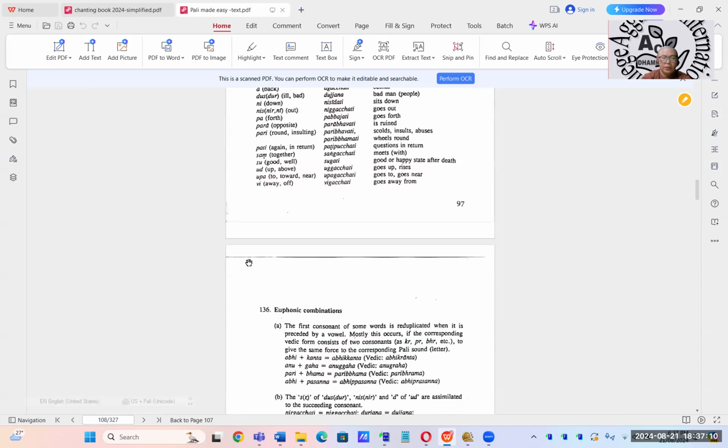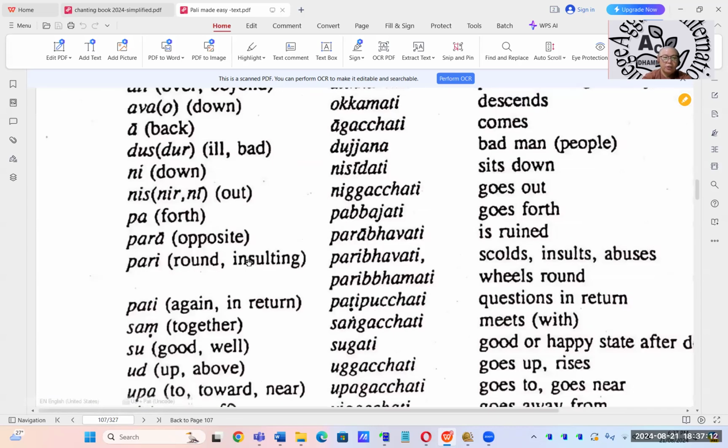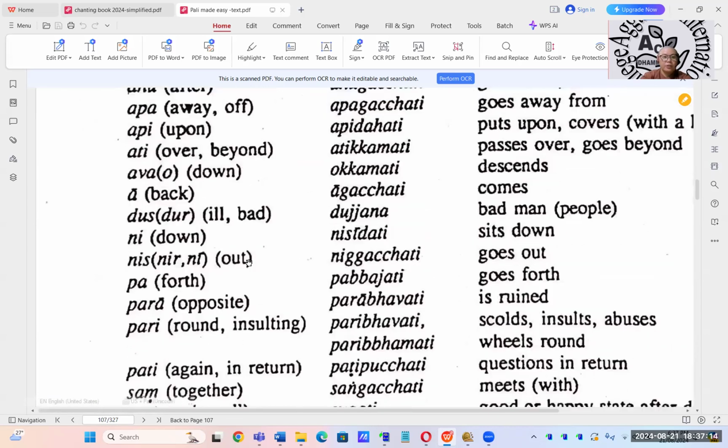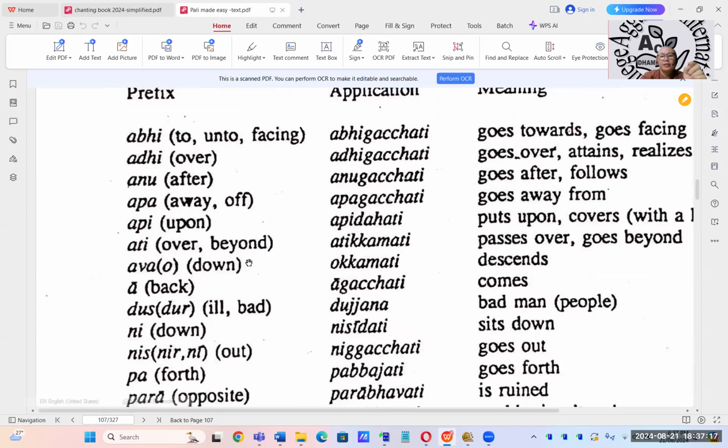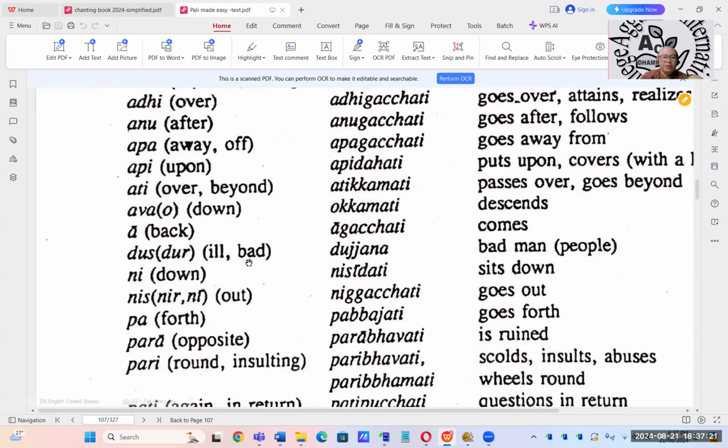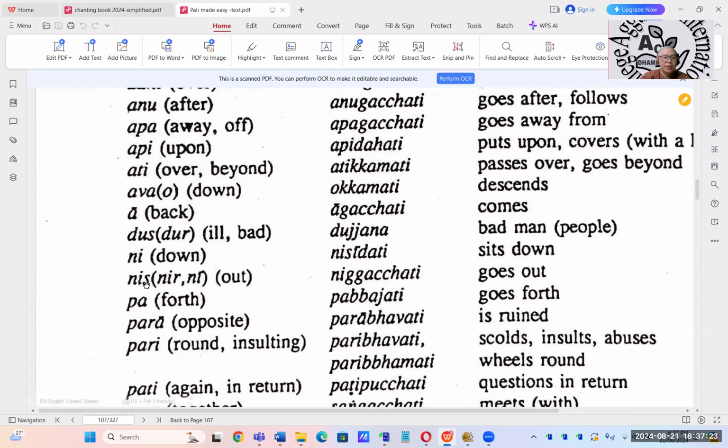Lesson 29. Even though lesson 29 is actually very important, some of the prefixes have meaning, some have no meaning. Not all the time does the prefix have meaning, but here we have the meaning.